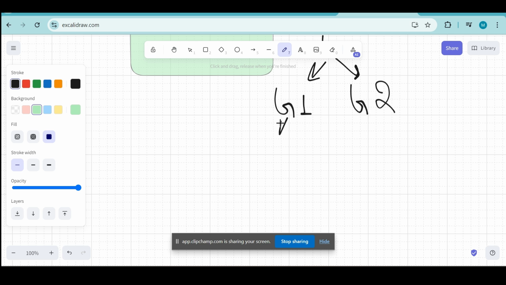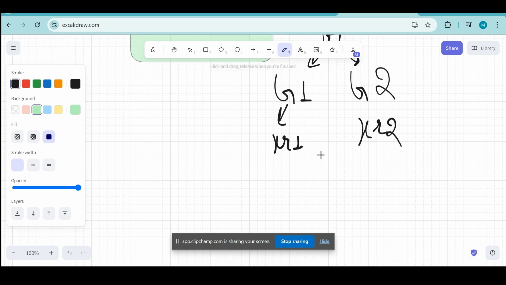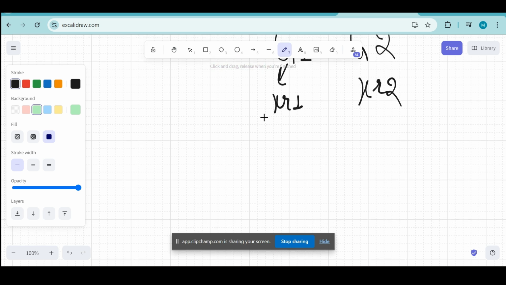So let's say the XOR of G1 is XR1 and the XOR of G2 is XR2. They said that both XORs should be the same, meaning if we take the XOR of both, then it comes out to be 0.